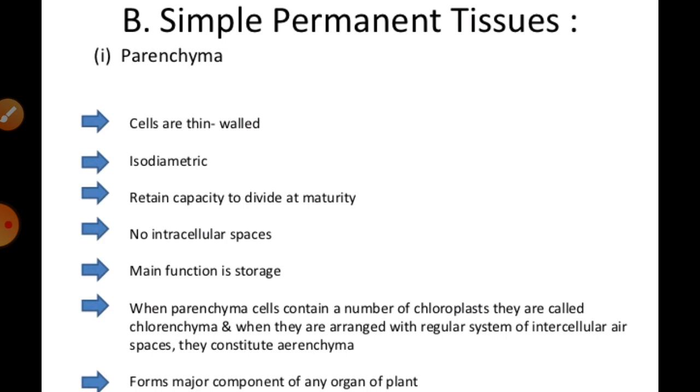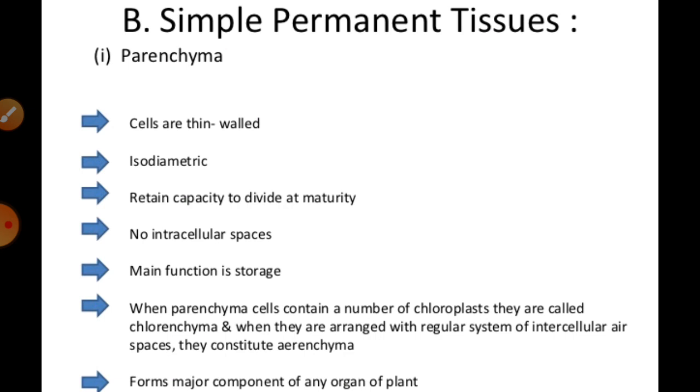Parenchyma is a living and simple permanent tissue composed of thin walled cells. Sometimes it is also known as the primary tissue or ground tissue. Inside the parenchyma, the cortex, pith, palisade, mesophyll cells and some parts of the flower are also found.